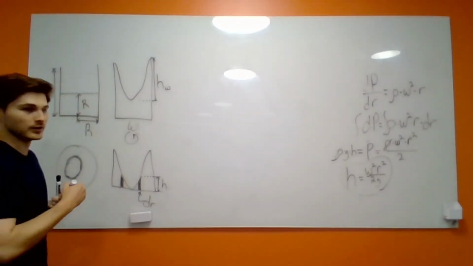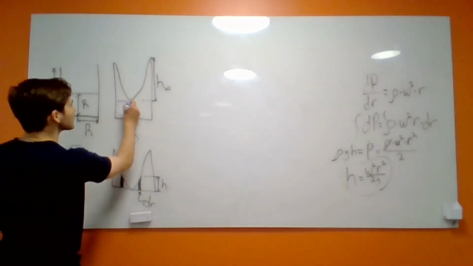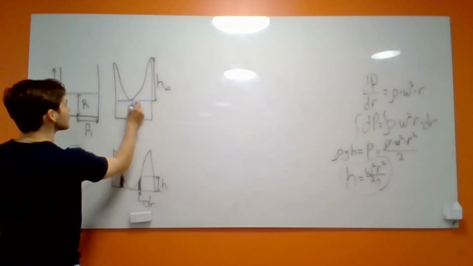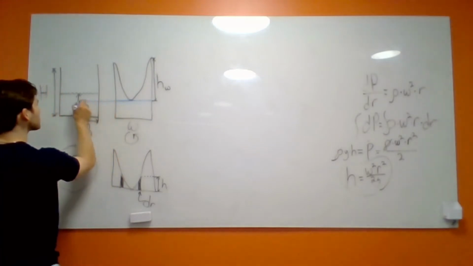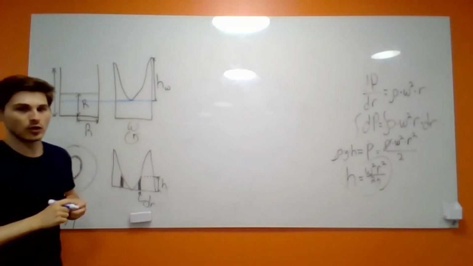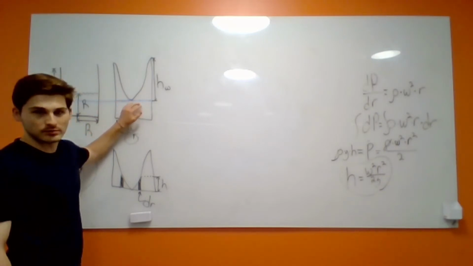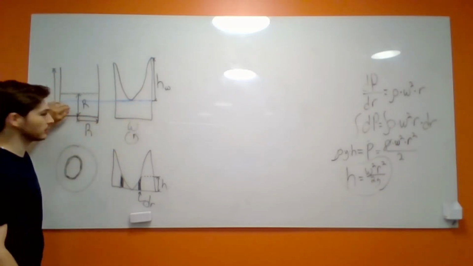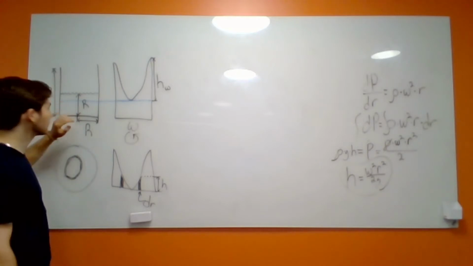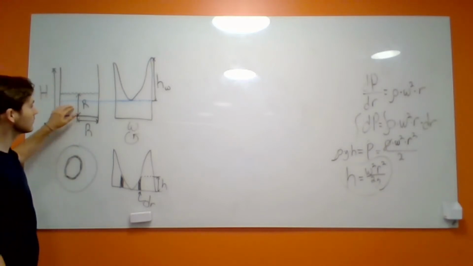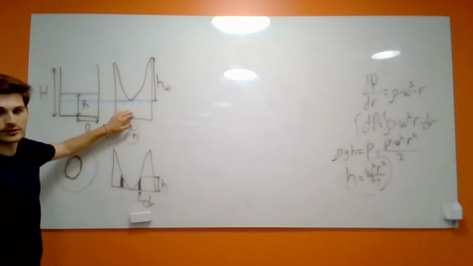Now, if we look at the volume of our tank and our liquid, we can see that if we draw a line from here, the volume below the parabola here is equal to the volume below that same line down here. So these two volumes are equal, right?